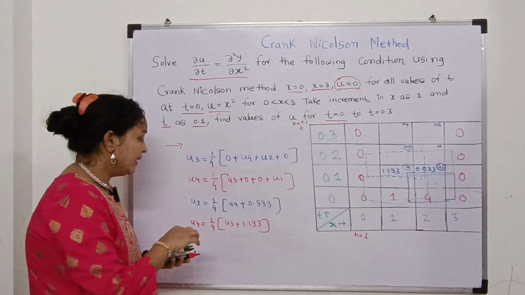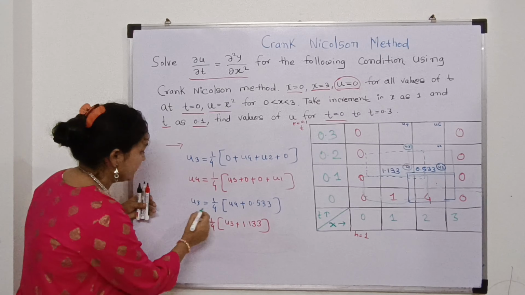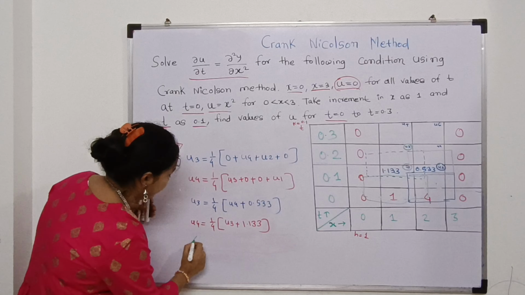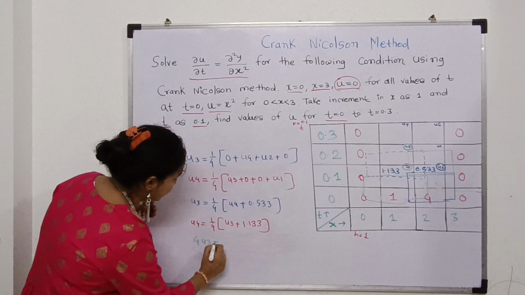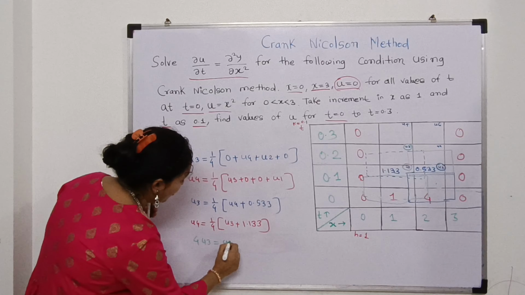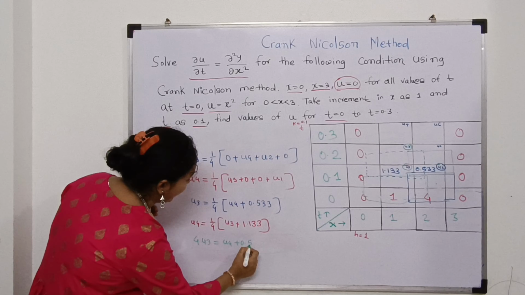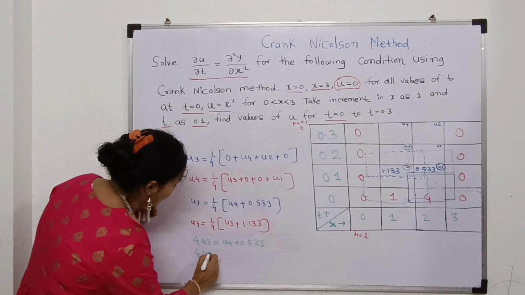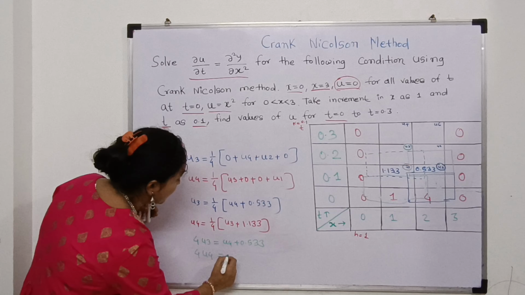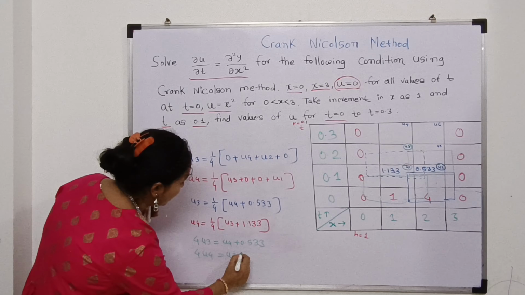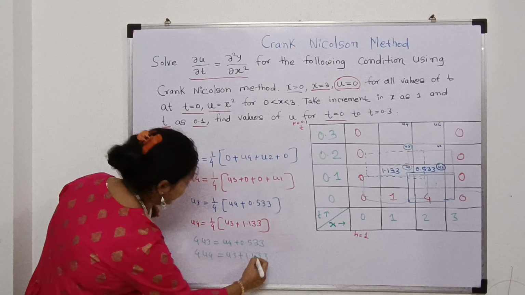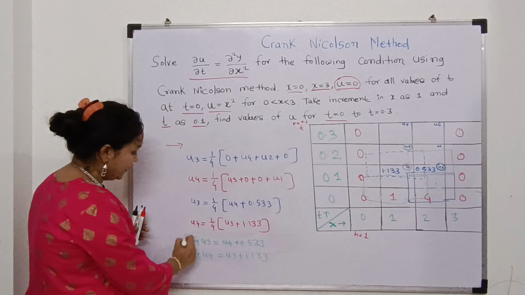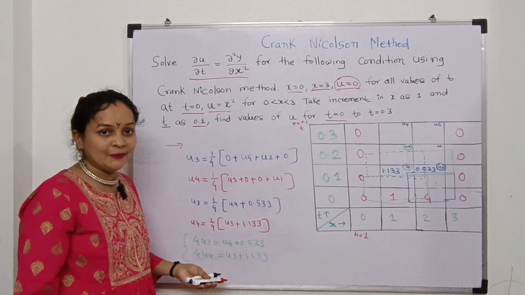If you rearrange these equations, for the first equation we get u3 equal to u4 plus 0.533, and again in the same manner u4 become u3 plus 1.133.